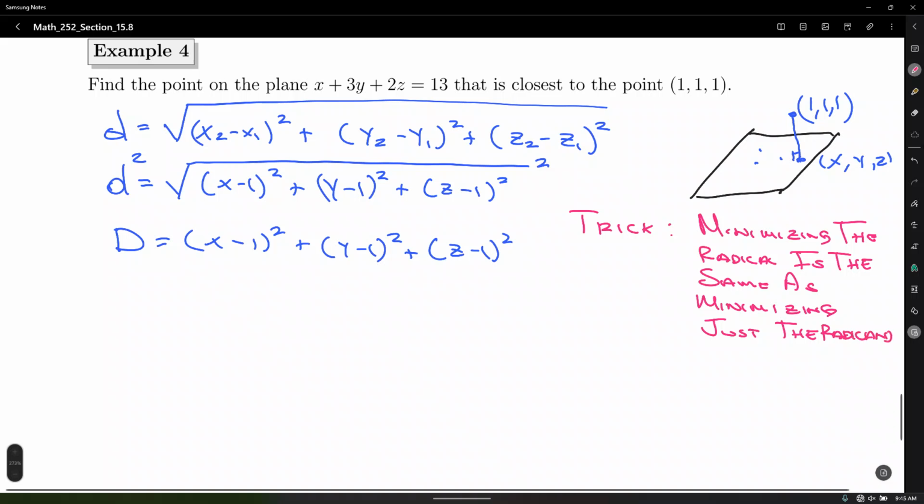It's the same as just minimizing the radicand, which is easier. Come on, take the partial derivative of these polynomials, way easier, alright?